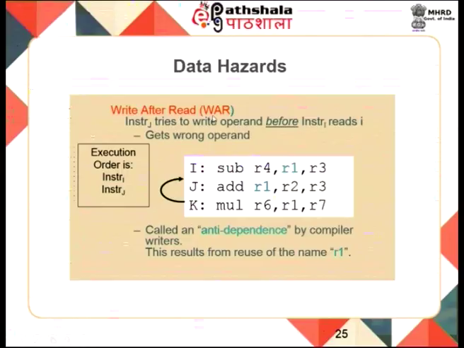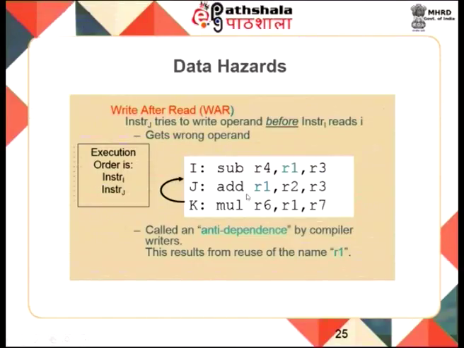This is an example of a WAR hazard. So you have three instructions here. The first instruction uses R1 as a source operand. The second instruction uses R1 as a source operand. The third instruction uses R1 as a source operand.